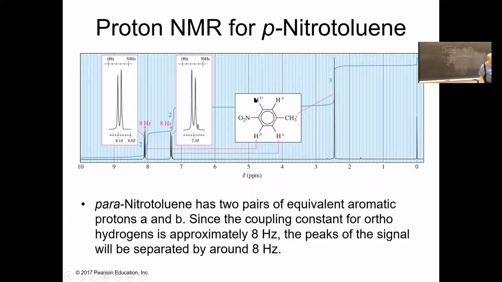A is split into 2 by B. B is split into 2 by A, since it's one neighbor. So we'll see a doublet and a doublet. The coupling constant here is approximately 8 hertz. That's the spacing of these peaks. Since they are coupled to each other, the spacing would be the same.